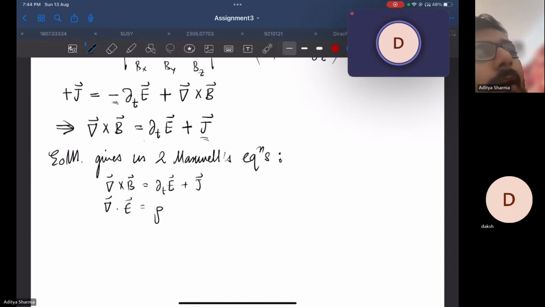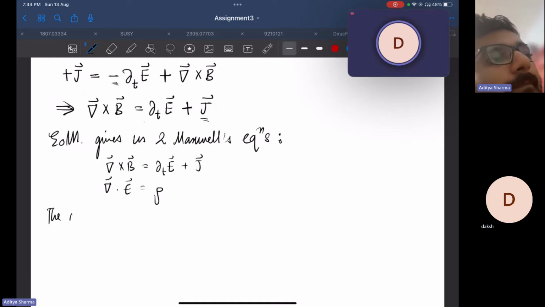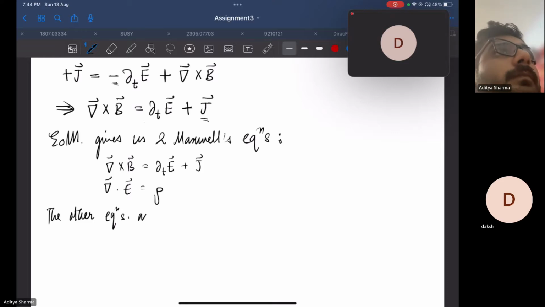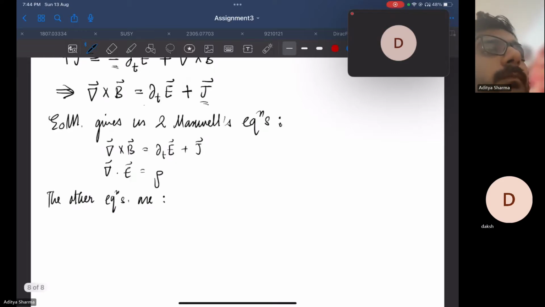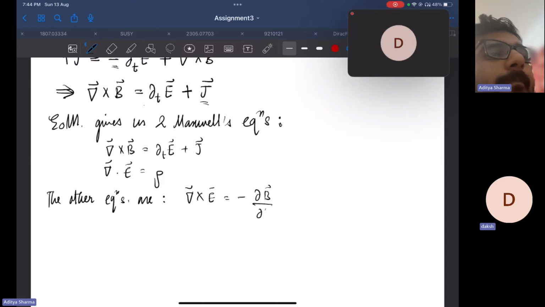The other two equations are del cross E equals minus del B by del t, and del dot B is equal to 0.